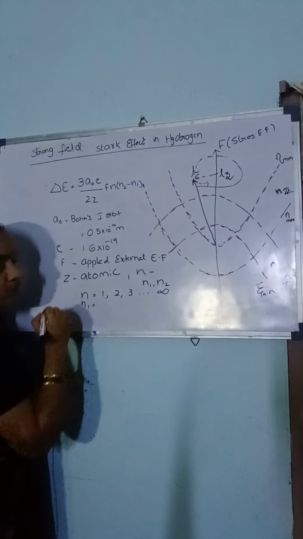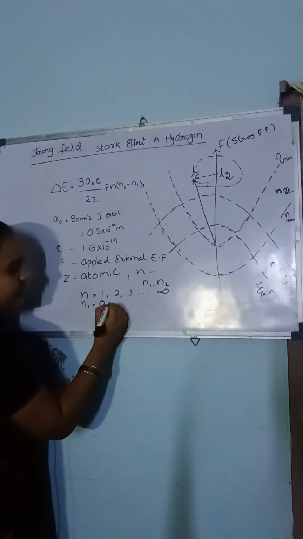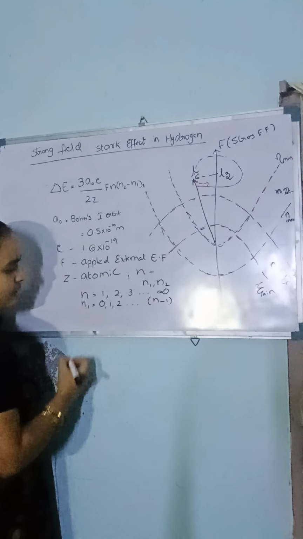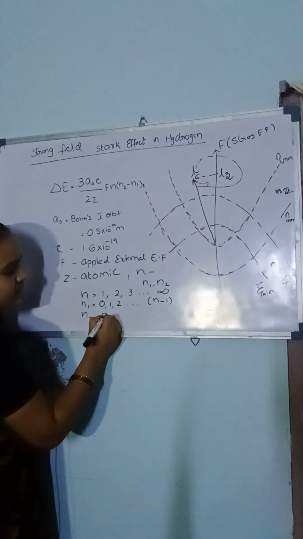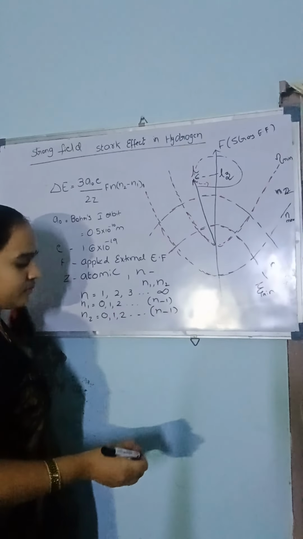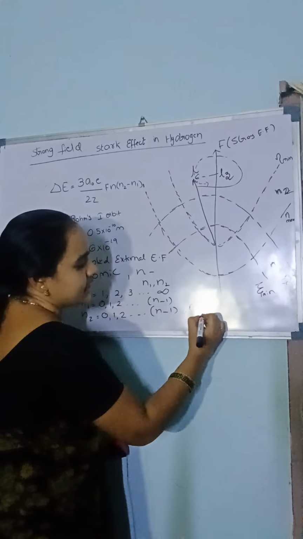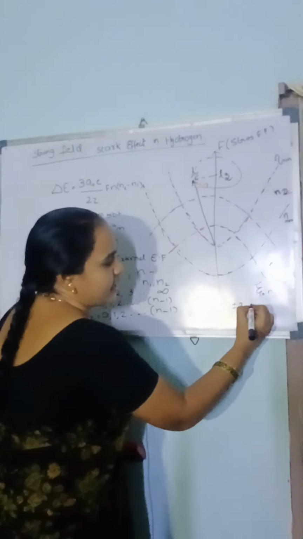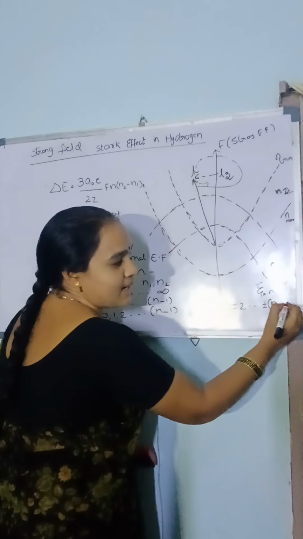Here n1 can be defined like l values: 0, 1, 2, 3 and so on up to n minus 1. n2 values are 0, 1, 2 and so on up to n minus 1. The ml value is 0, plus or minus 1, plus or minus 2 and so on up to plus or minus (n minus 1).